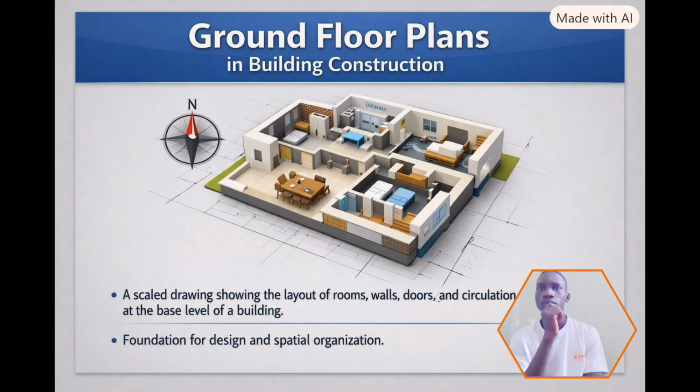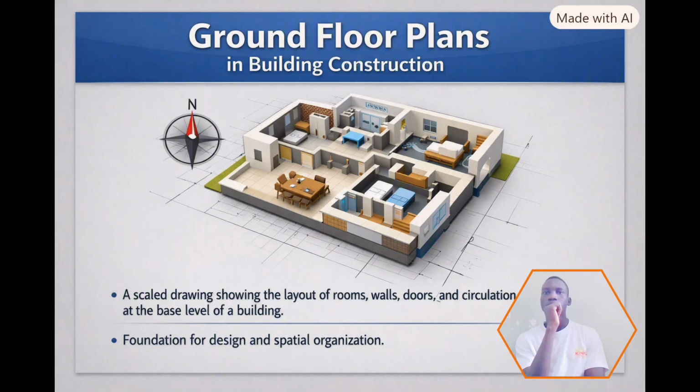So we're going to look at the foundation design and the spatial organization. So that's what we have for our first slide. Like I gave you the definition of a ground floor plan, a scale drawing showing the layout of rooms, walls, doors, and circulation spaces at the base level of a building. So that's what a floor plan is.